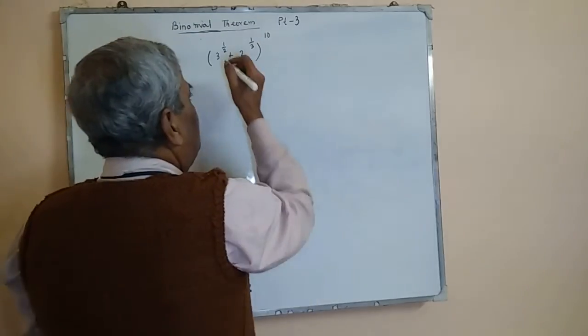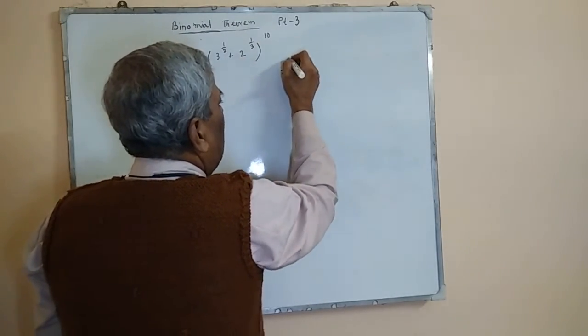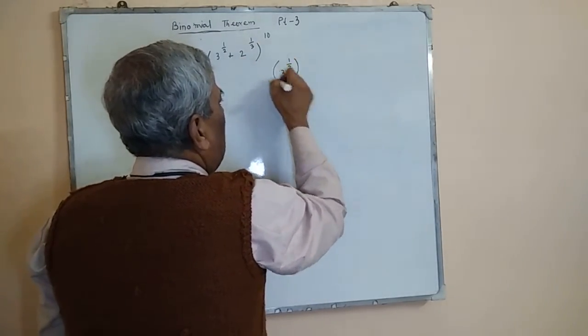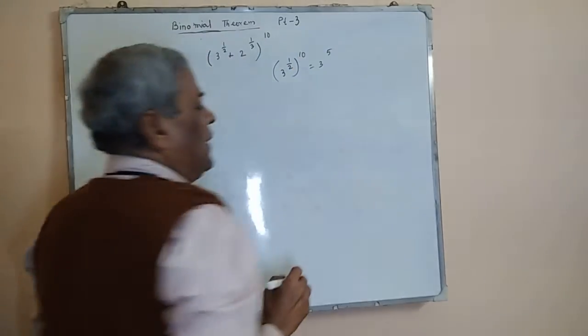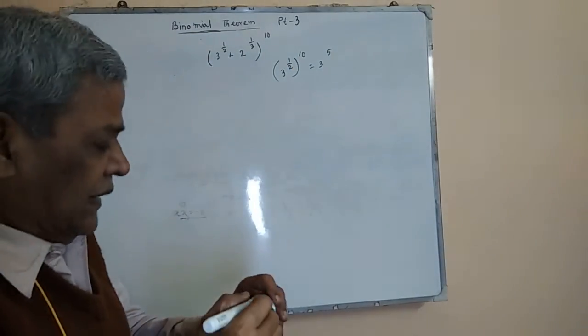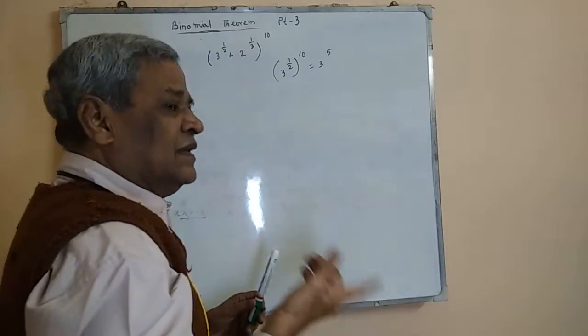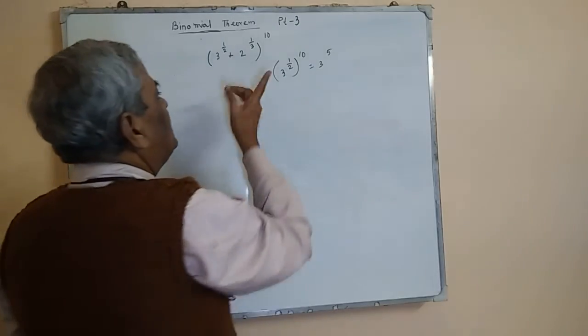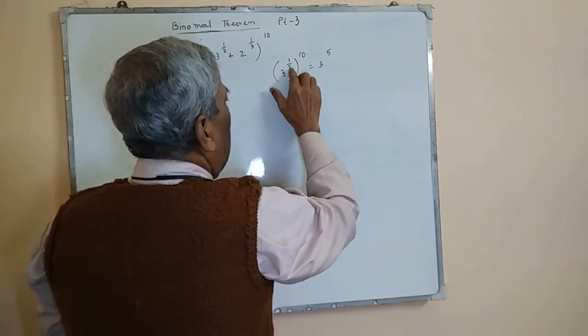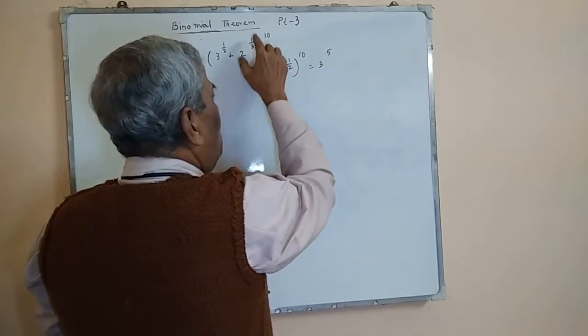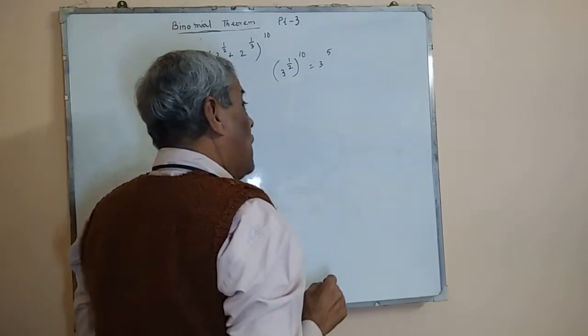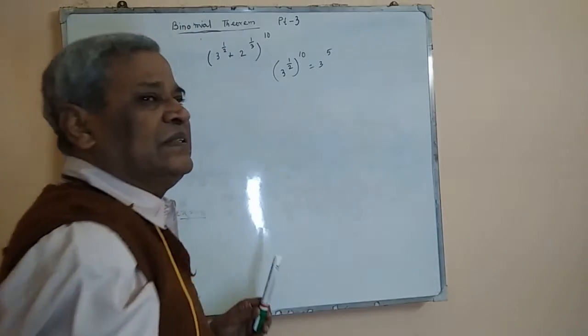You see, the first term is (3^(1/2))^10, that is 3^5, which is an integer. Its subsequent term will contain (3^(1/2))^9 into (2^(1/3))^1. This is not an integer.